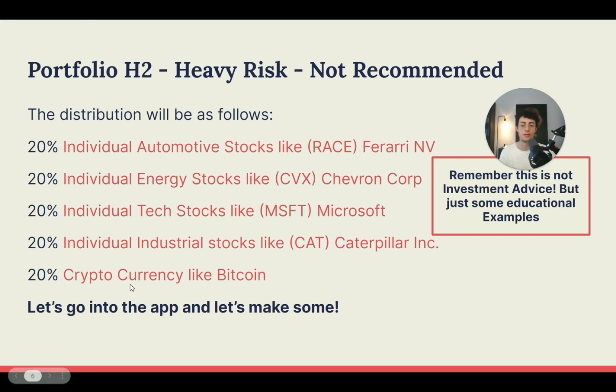And then 20% of your portfolio goes into a cryptocurrency like Bitcoin. This is an example of a high risk portfolio, and this is not something that we would recommend.